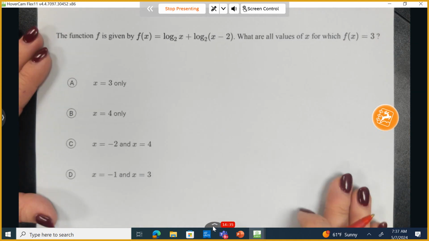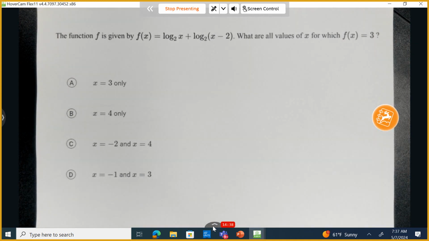All right. This is an algebraic one you definitely need to do on paper, but you can do this quickly. Ready, get set, and begin.